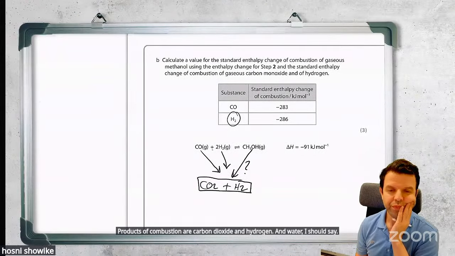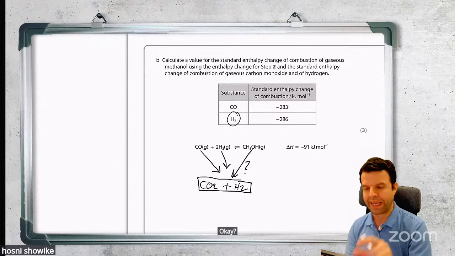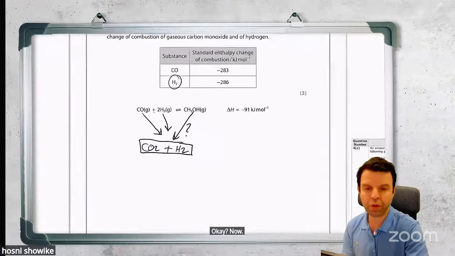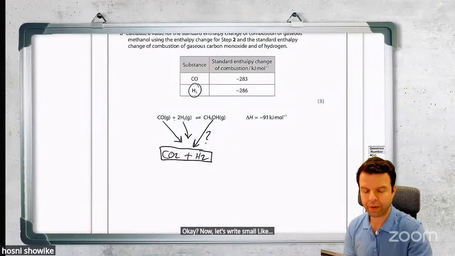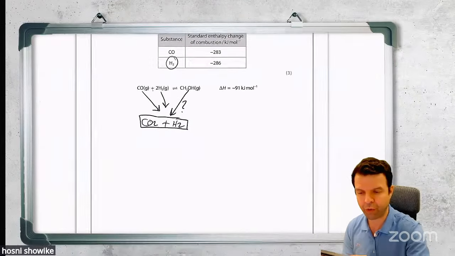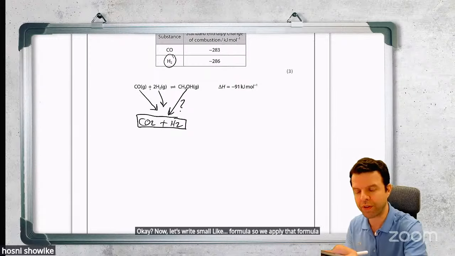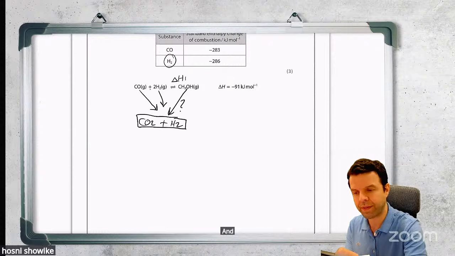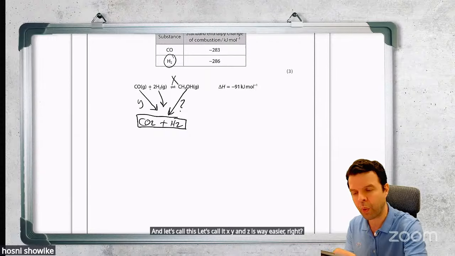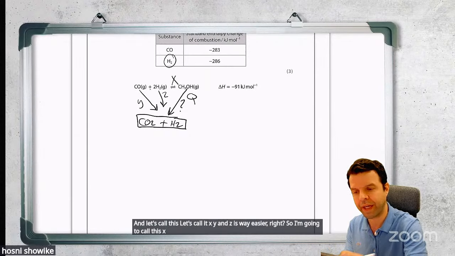Now, let's write small formula. So we apply that formula here. So I'm going to say, let's call this delta H1. And let's call it X, Y, and Z is way easier, right? So I'm going to call this X, Y, Z, and Q.